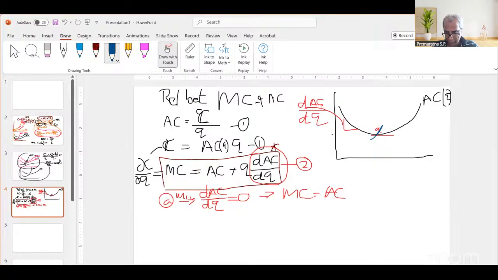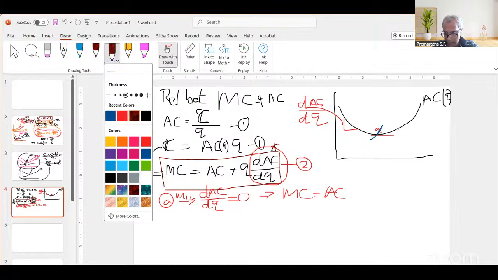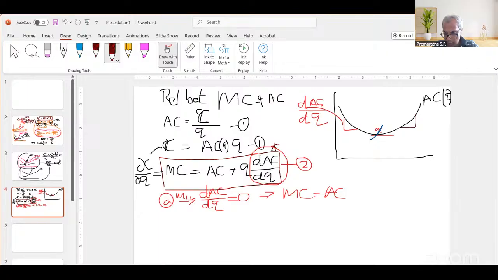So that is it. Now look at the average cost curve with a positive slope. Yes, a positive slope, which means this is a positive number.